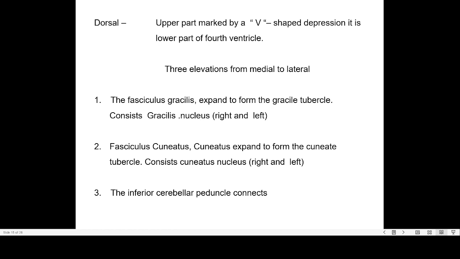Number 1, fasciculus gracilis, that is a nucleus, expanded to form the gracile tubercle that consists of the gracilis nucleus, right side and left side. Then fasciculus cuneatus is also a nucleus that expands to form the cuneate tubercle that consists of the cuneate nucleus, right and left.